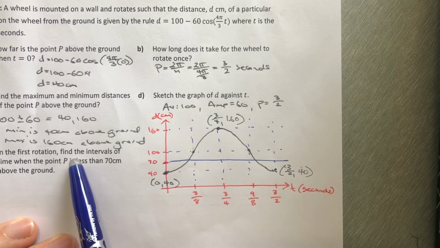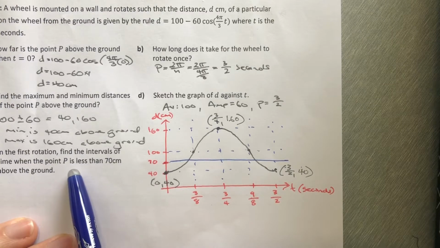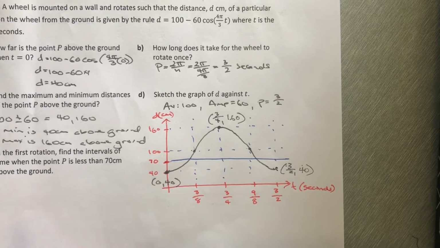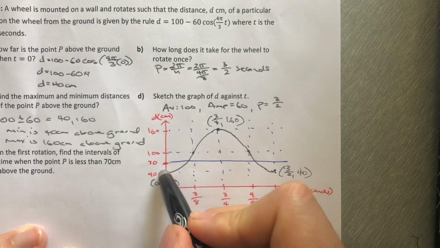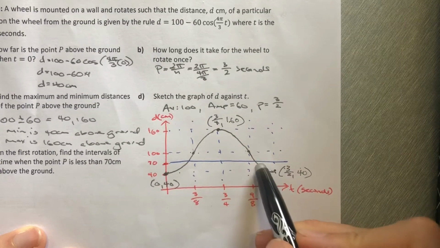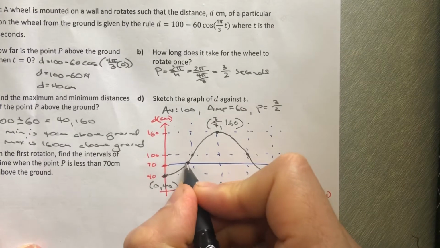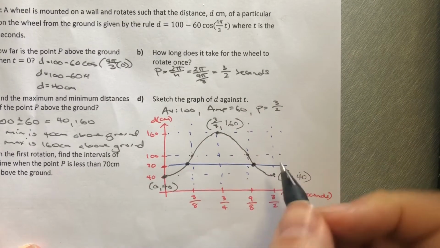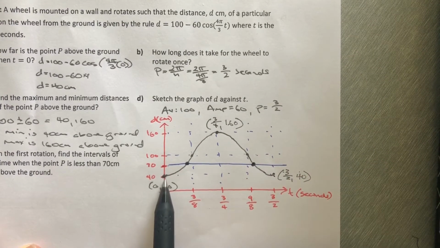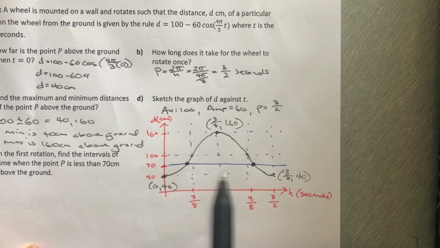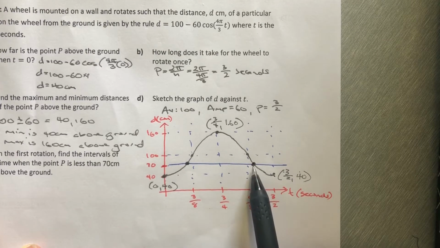Now it's asked for, find the intervals of time where the point P is less than 70. So we're after these times and these times as well. To find out those times, we're going to have to work out these intersection points because the time's going to start there and end there, but then there's another bit where the point P is lower than 70.